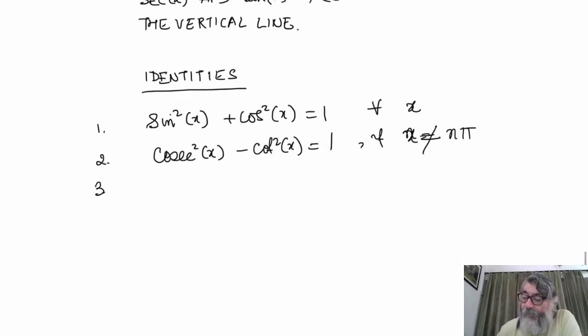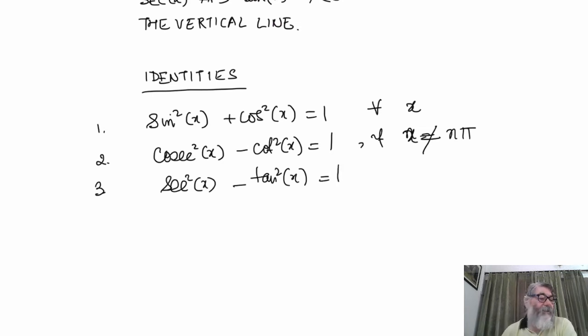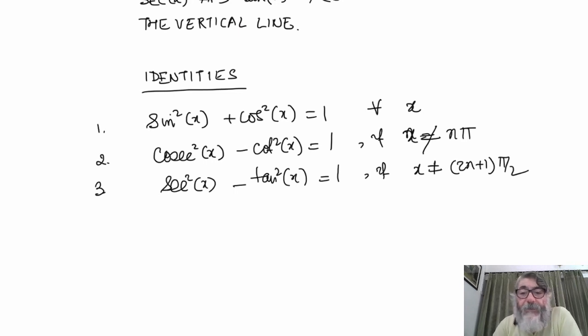Let's see now sec square x minus tan square x. These were basic things which you did earlier also. Sec square theta minus tan square theta is equal to 1. But again, it is only defined when x is not equal to 2n plus 1 pi by 2, that is, when x is not an odd multiple of pi by 2.